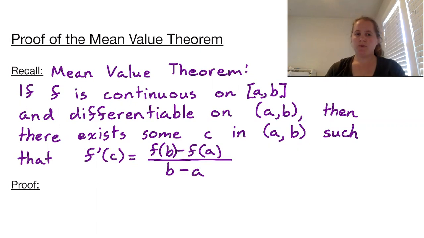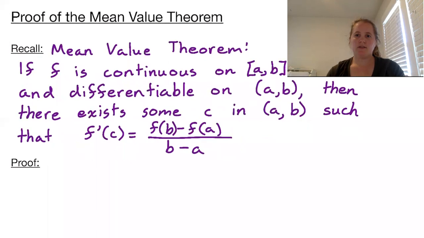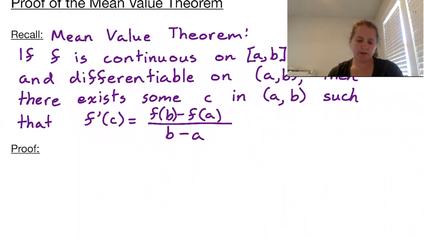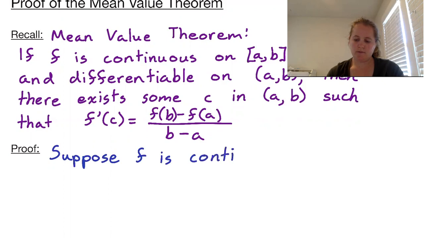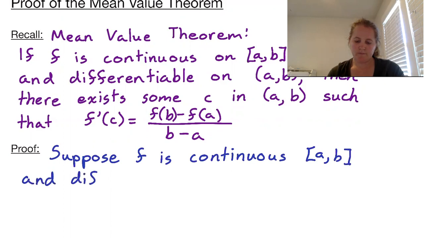So for our proof, let's go ahead and just state our base assumptions. We're going to suppose that f is continuous on the closed interval [a, b] and differentiable on the open interval (a, b).